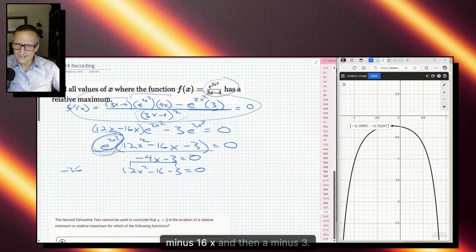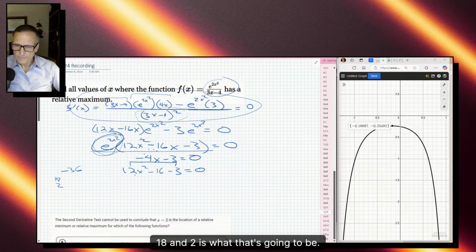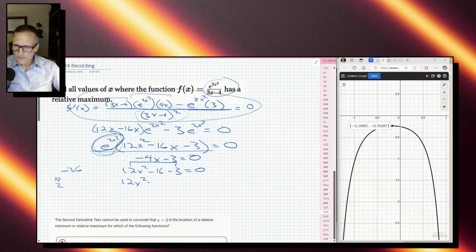Minus 16x, and then a minus 3. Yeah. 36. So for 36, we have 18 and 2 is what that's going to be. So that's going to be 12x squared minus 18x minus 2x minus 3.